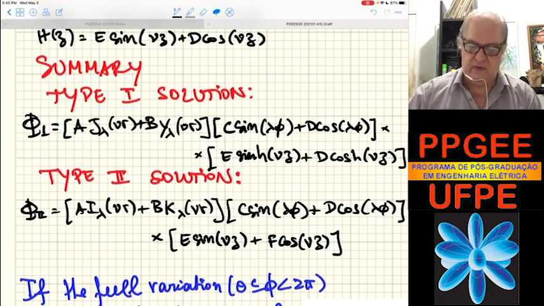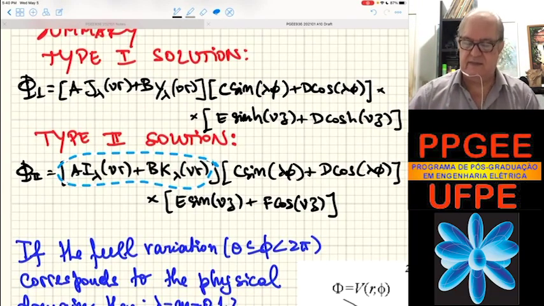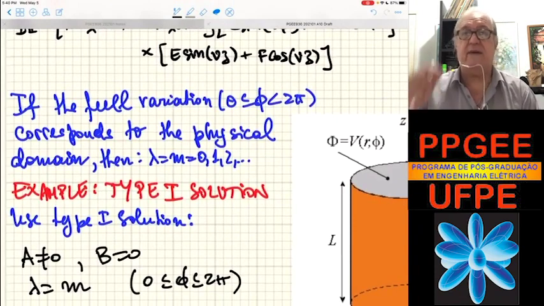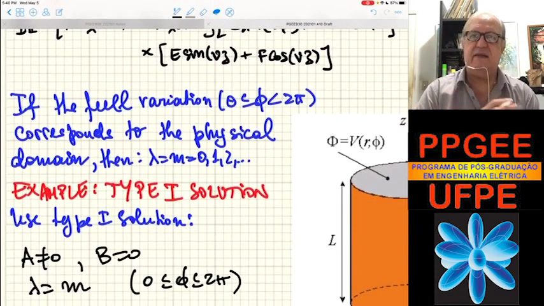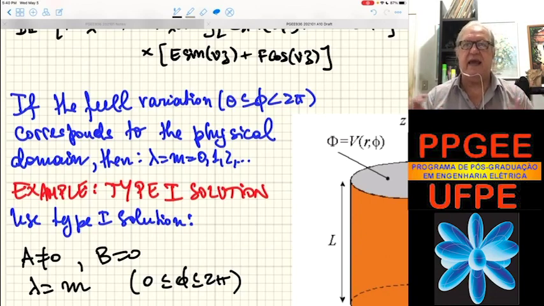We wouldn't be able to do that using this type of solution here, because these are functions that you cannot combine to have a finite value at the origin and a 0 value at r equals a. I have to use I and K. One of them, K, diverges at the origin, so I cannot use it.